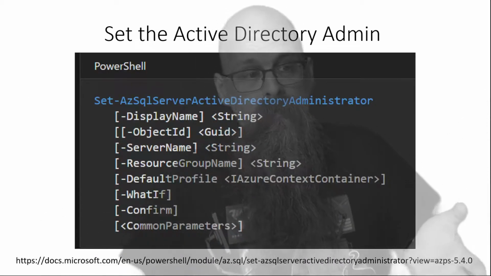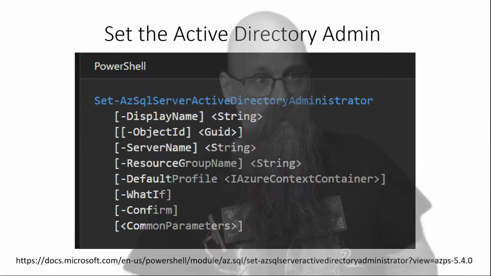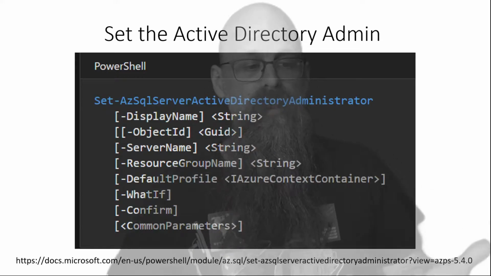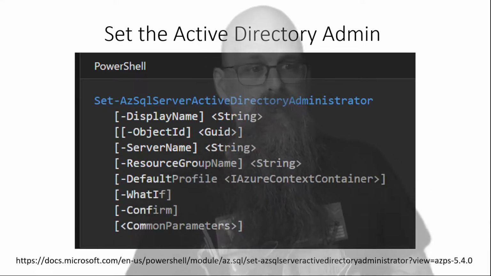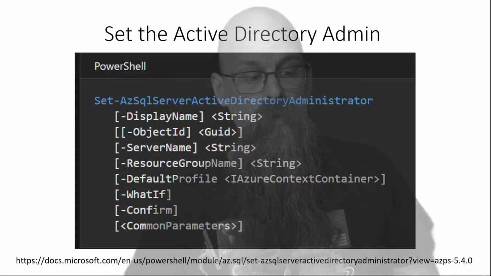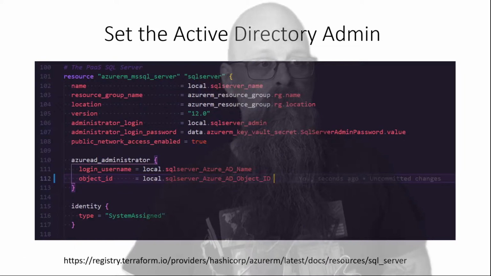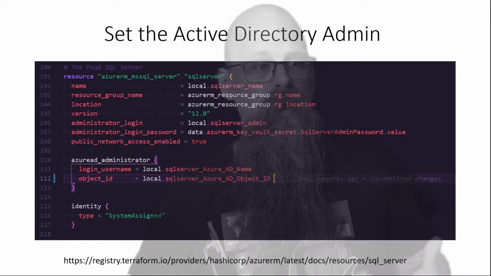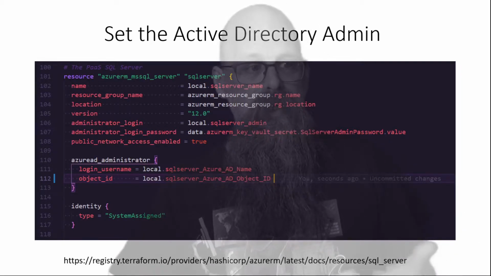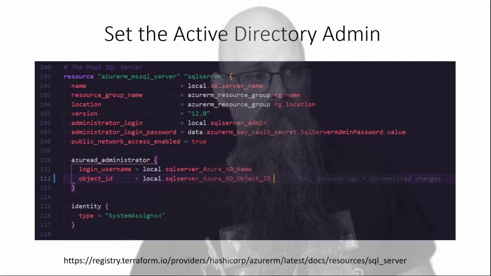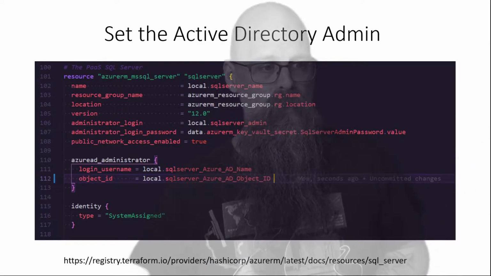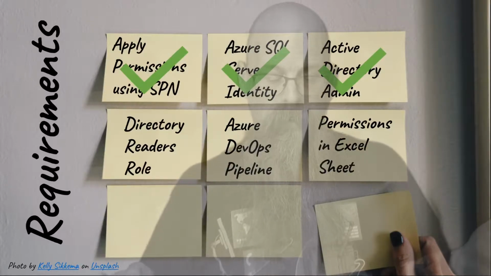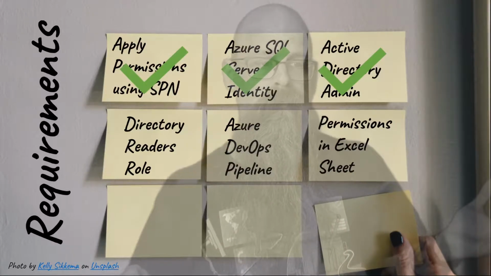Do it with PowerShell using Set-AzSqlServerActiveDirectoryAdministrator, and then provide the display name and the object ID for the user or group that you wish to apply. Or you can do it within Terraform. In the same resource, you can apply the Azure AD administrator block and add in everything that you need. So that's our Active Directory admin.